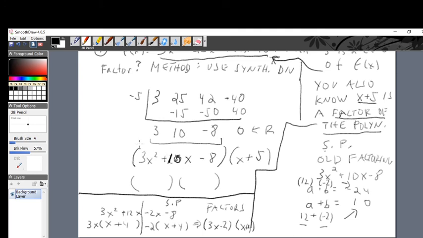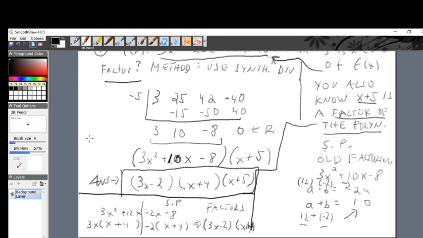So where does that get us? 3x minus 2 and x plus 4, and x plus 5, we're still hanging in there. Now it's completely factored. This is the answer right here. They asked us to factor it, and it is completely factored.